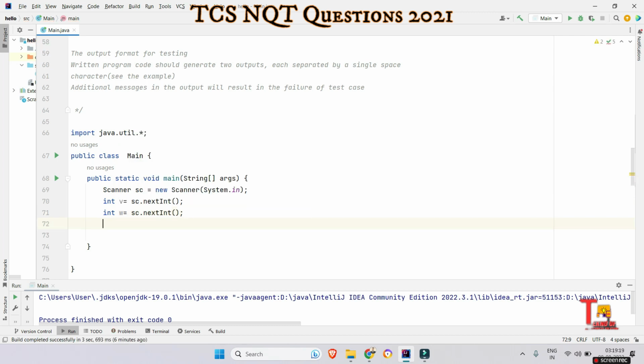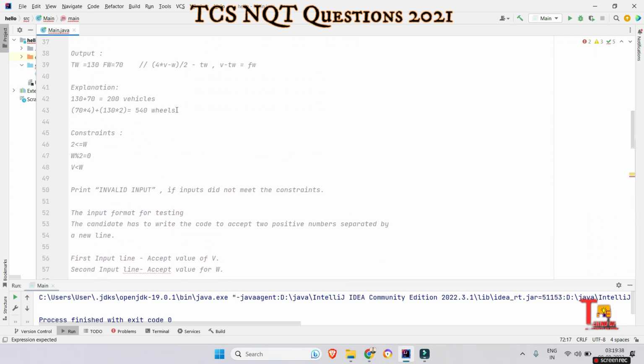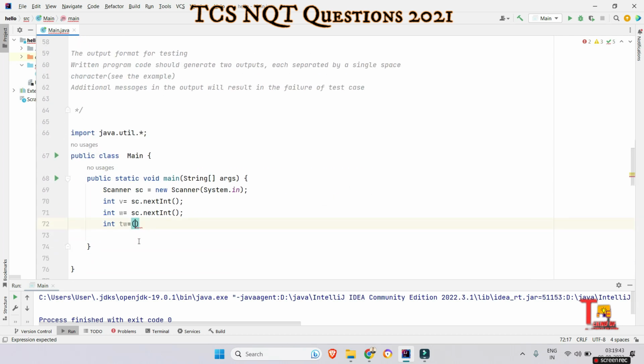And let's say we'll take an int value of two wheelers, you can take a float value as well. Let's say two wheelers is equal to the formula I have shown you, that is (4 multiplied by v minus total wheels) divided by 2, right? This will return the total two-wheelers needed, right?